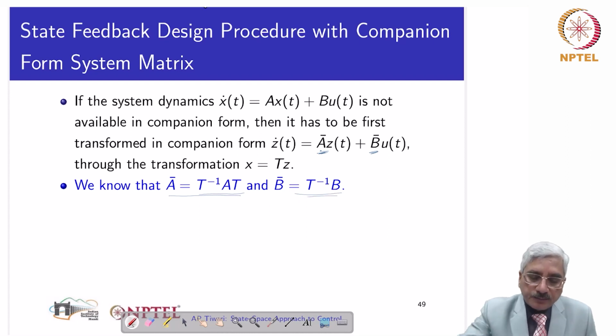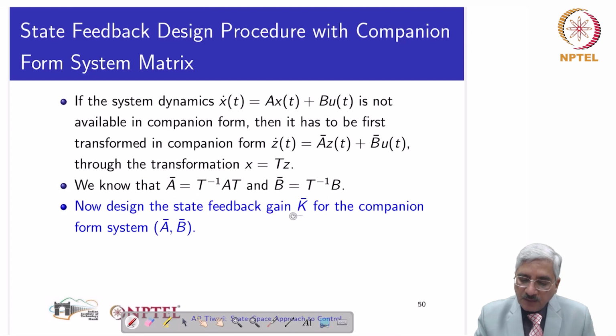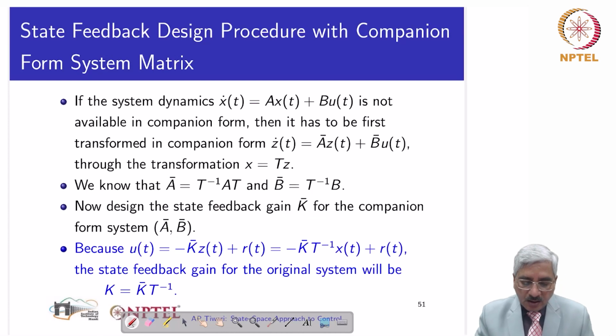So if we design K bar using the matrices A bar and B bar, which was just described before this, then we can get the K for the original system through this relation, and it comes like this.